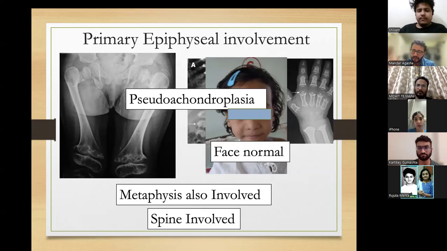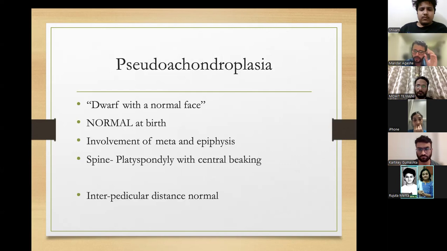So there are certain diagnostic features. I'll put it on the group about what the diagnostic features of hypochondroplasia are. So this is pseudoachondroplasia. You can see that deformities are very severe, but the facies is normal. All right. So a dwarf with a normal face is pseudoachondroplasia.